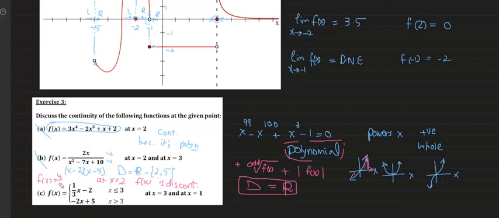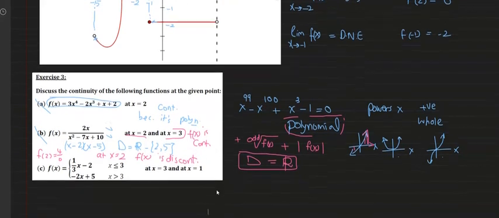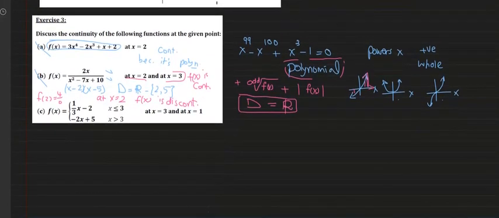But if you try 0 over 4, by the way, you will find 0. So here at x equals 2, the first point that we are asked for, the function is discontinuous, while elsewhere at any other point on the x-axis, including x equals 3, the function f of x is what? It is continuous. It has no problem at x equals 3. Let's see how we can test this for number B.